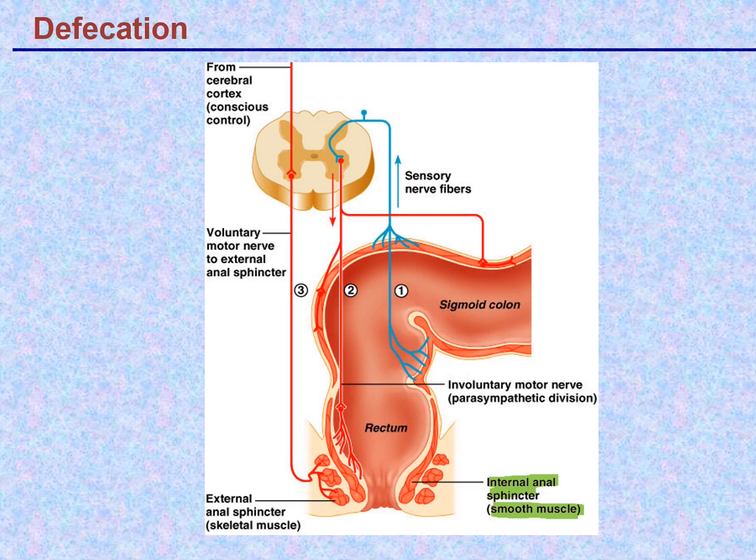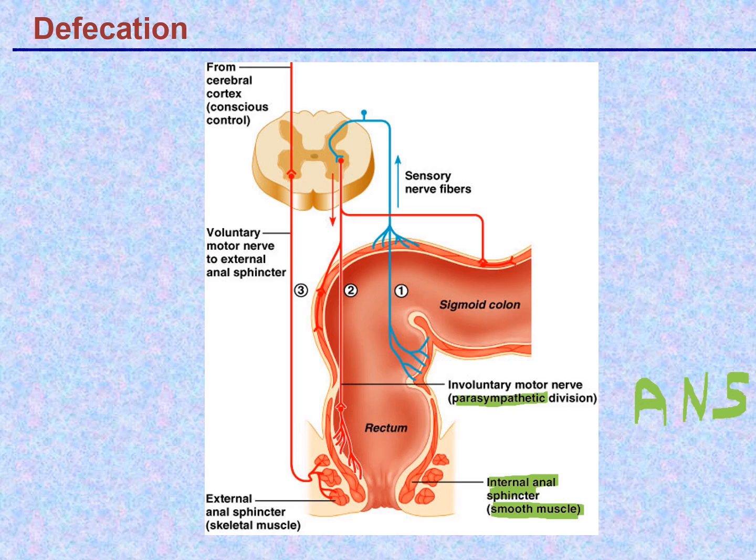It's controlled by, remember I told you about the autonomic nervous system, which controls involuntary tissues. There are two divisions: the parasympathetic and the sympathetic division.